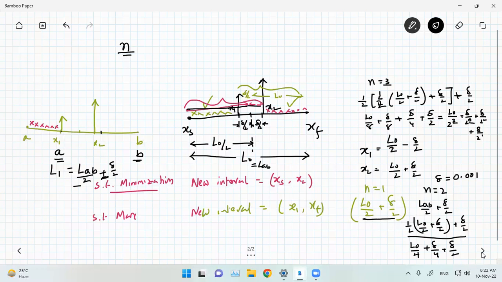So we can say that our final value of L, that is the final interval Ln, is going to be L0, the initial interval, by 2 to the power n, plus del divided by 2 to the power n, plus del by 2 to the power n minus 1, and goes up to finally del by 2.